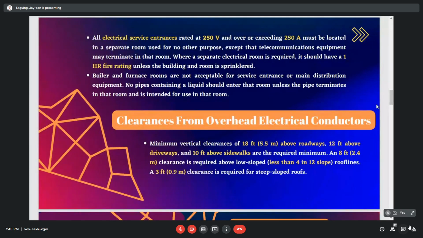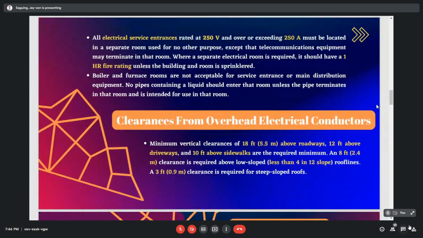Boiler and furnace rooms are not acceptable for service entrance or main distribution equipment. No pipes containing a liquid should enter that room unless the pipe terminates in that room and is intended for use in that room. It is necessary to maintain safe working clearances from overhead electrical conductors to reduce risk of accidental contact. The required clearances can be found in the NEC.